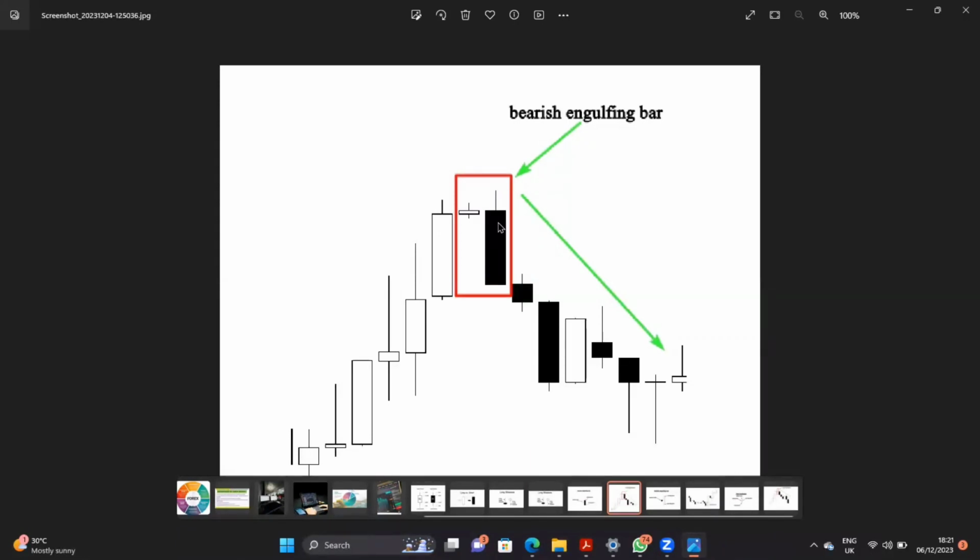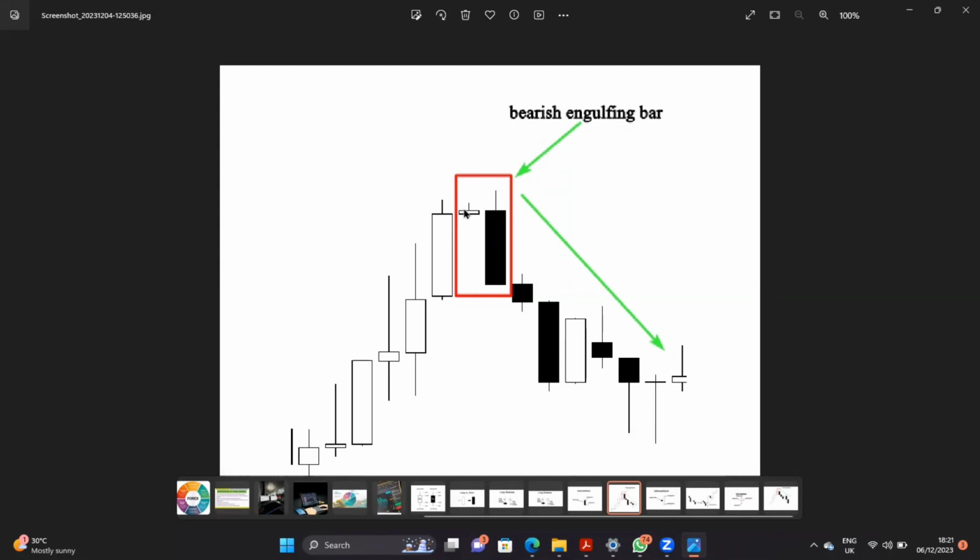Now, the word engulfing on its own simply means something attached, something fully attached, fully engulfed. If you look, you'll find that this particular candle has engulfed, or has overshadowed, this other smaller body candle.